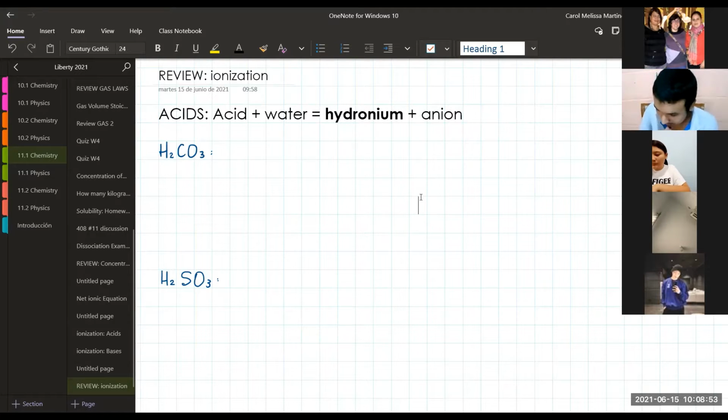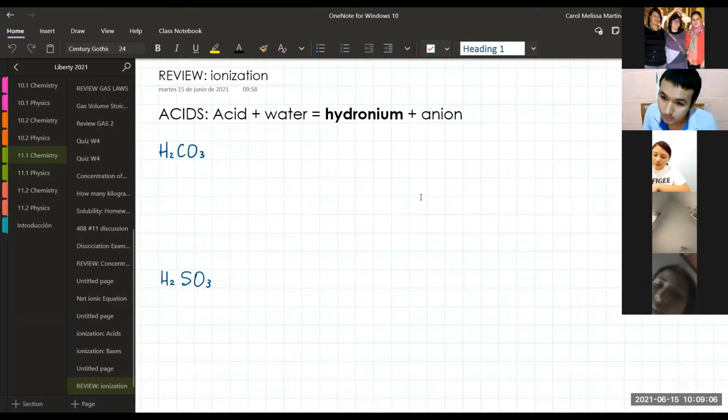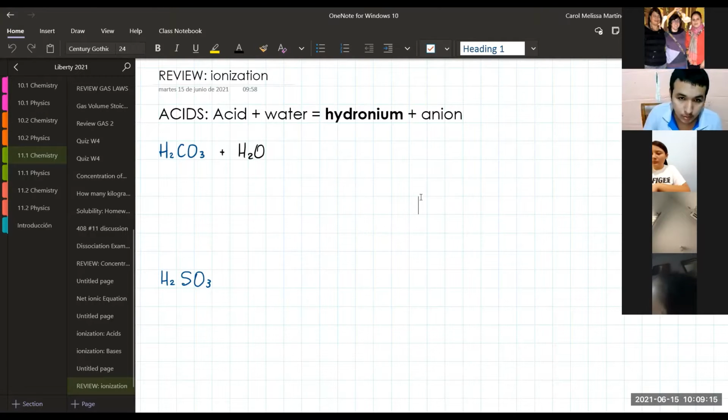We need to combine the acid with water. That's what I'm going to do right now. So I will combine with H2O. Okay? As a result, I will get hydronium ion.